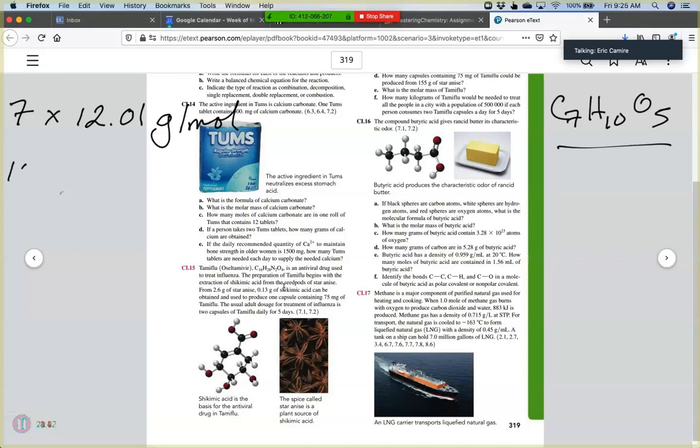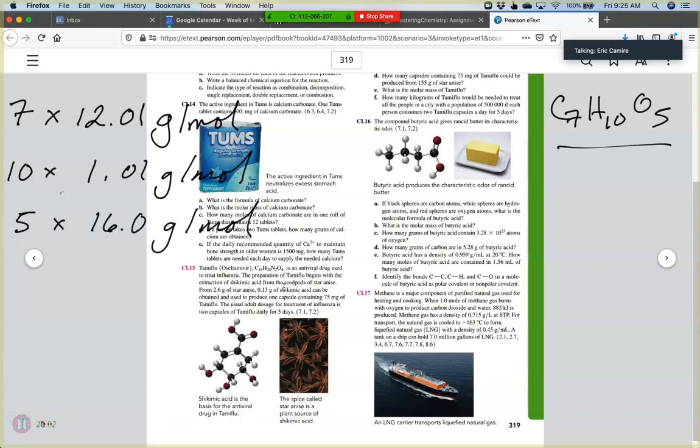We have 10 hydrogen, each one of them weighing 1.01 grams per mole. And I pulled that off the periodic table. And then we have 5 oxygen, and that's going to be 16.0 grams per mole.